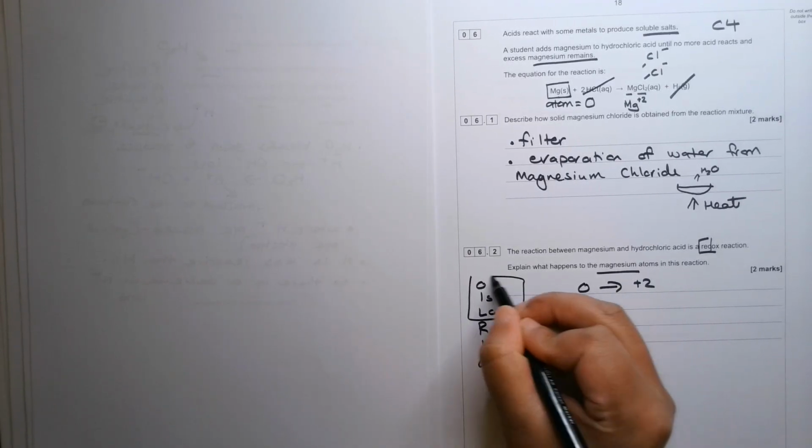So what is happening to the magnesium atoms in this reaction? 0 to plus 2 means that magnesium has lost the 2 electrons in its outer shell. So electrons are lost here. So we say magnesium is oxidized because 2 electrons are lost.